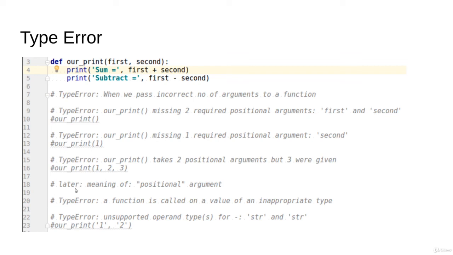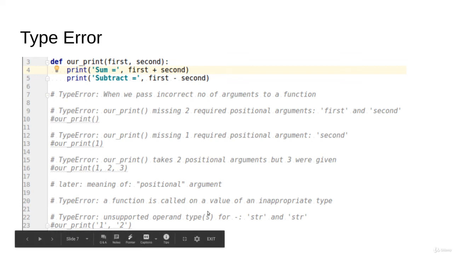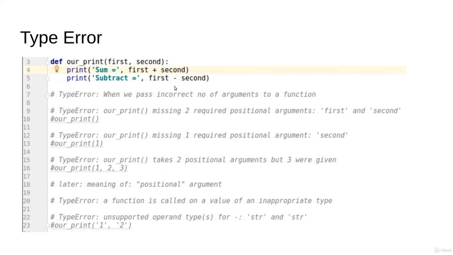Also, the type error can come if you try to pass a value that is an inappropriate one. Notice here the method has a subtract function. The addition is good for integers, for floats, for strings, the multiplication also, but the subtraction doesn't work for strings.